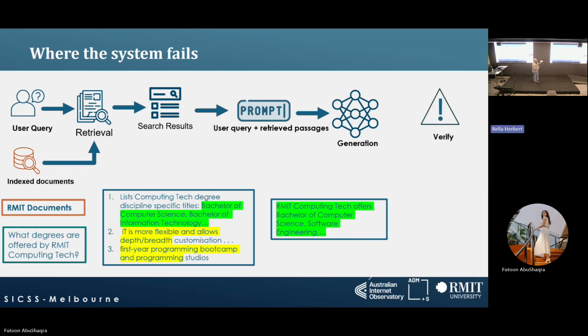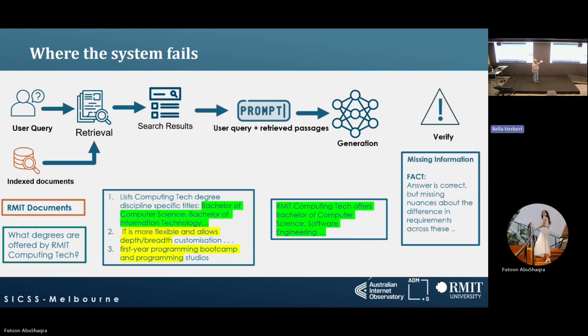For example, there are conditions, requirements or nuances behind, for example, the courses at RMIT that need to be known, that are missing, even if it's retrieved appropriately.